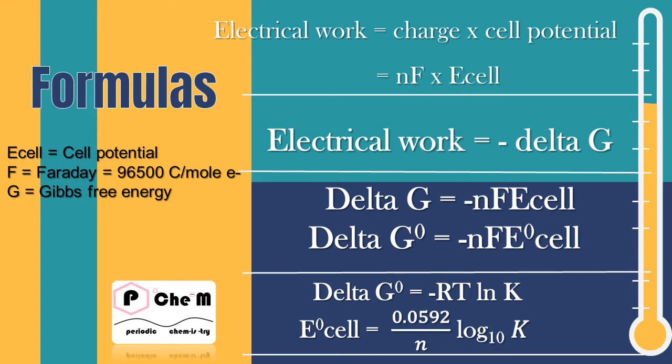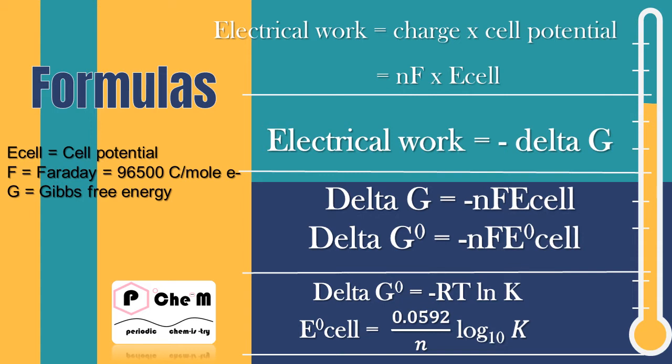We will not go into detail about the derivations because it is already given in the textbook. Our main focus will be on using these formulas to solve the numericals. Another formula which tells the relationship between the cell potential and this equilibrium constant K is cell potential is equal to 0.0592 upon n log to the base 10 K. This is only true when the temperature is 25 degrees Celsius.